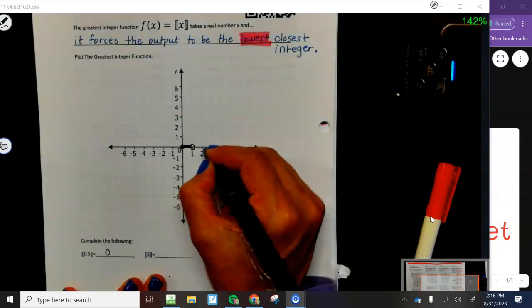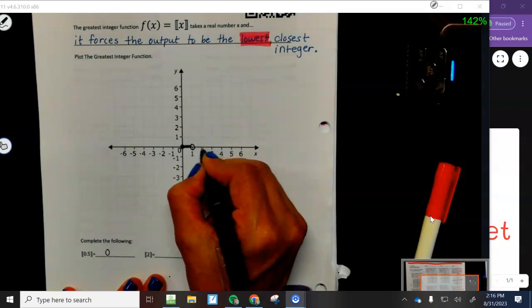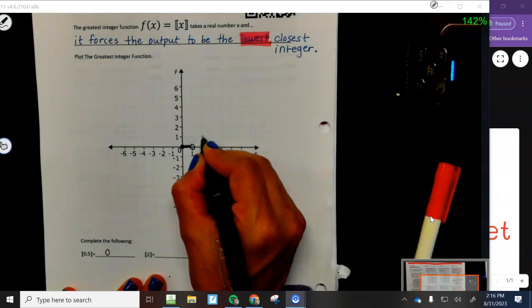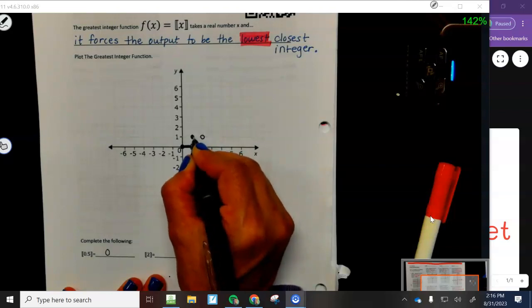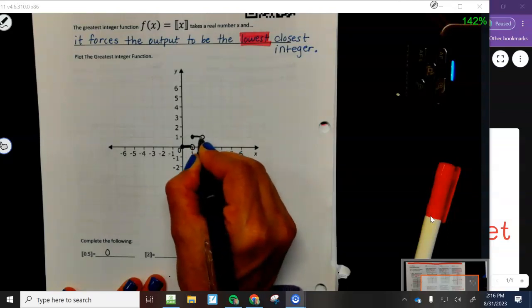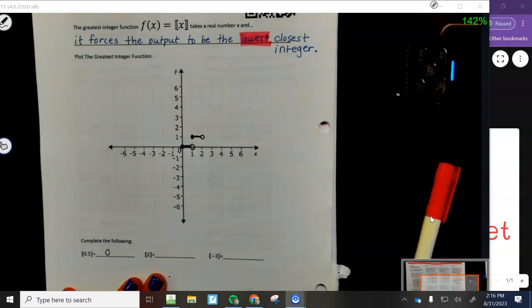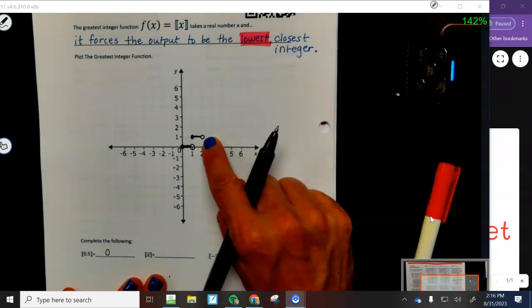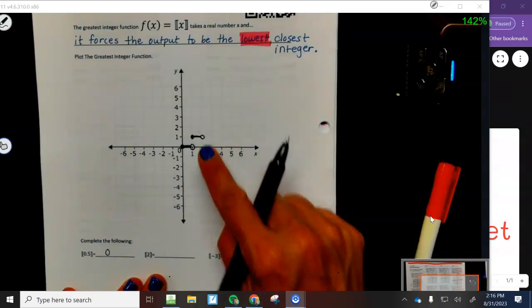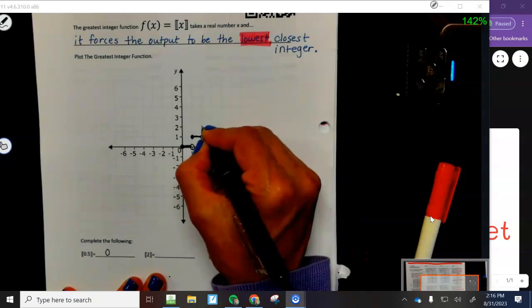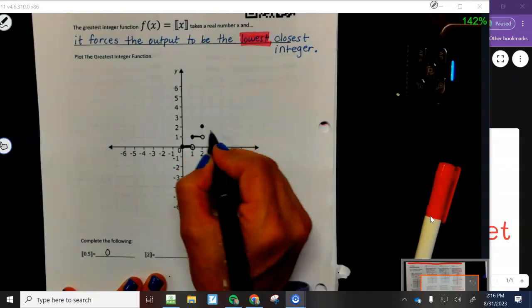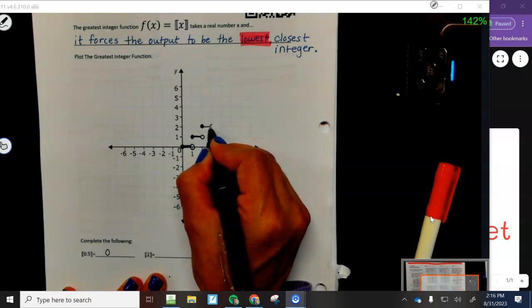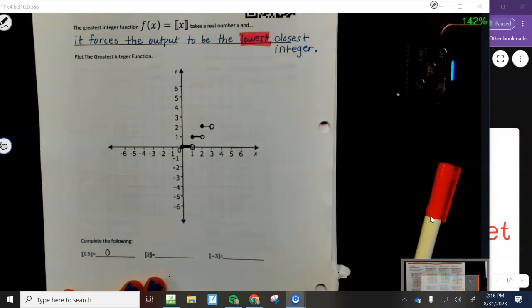Positive integer 2 is going to actually start up here. Now remember, it's an open circle on the 2. Let's step up to 2 and draw a closed circle and open it up to the next integer.